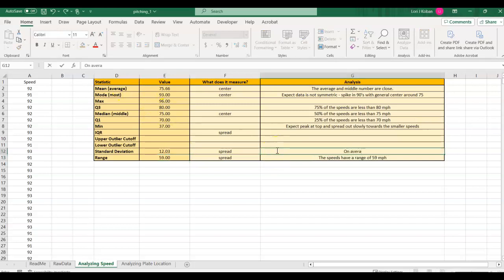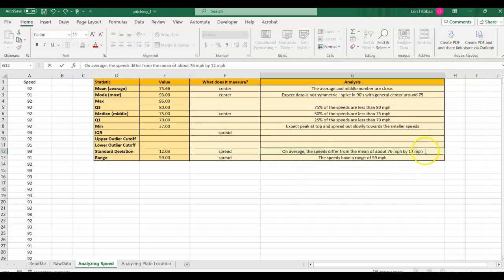So, on average, the speeds differ from the mean of about 76 miles per hour by 12 miles per hour.